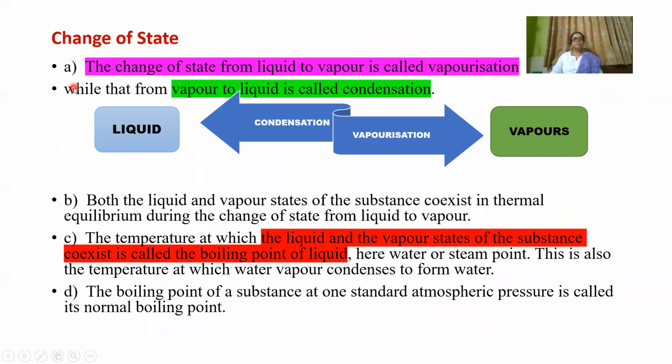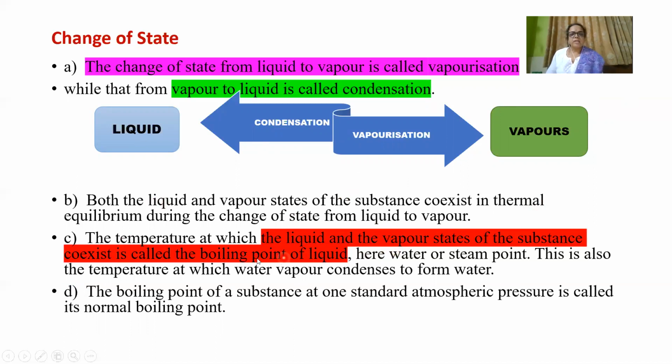Change of state is continued. The change of state from liquid to vapor is called vaporization, while from vapor to liquid is called condensation. Both the liquid and vapor states of the substance coexist in thermal equilibrium during the change of state from liquid to vapor. How is liquid converted into vapor? If heat is given to liquid, then vapors form.